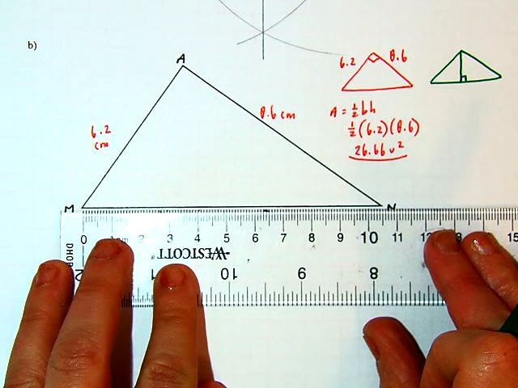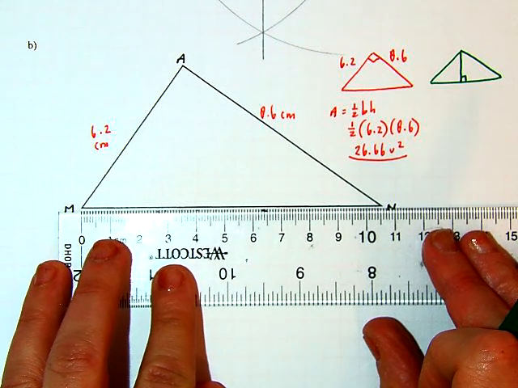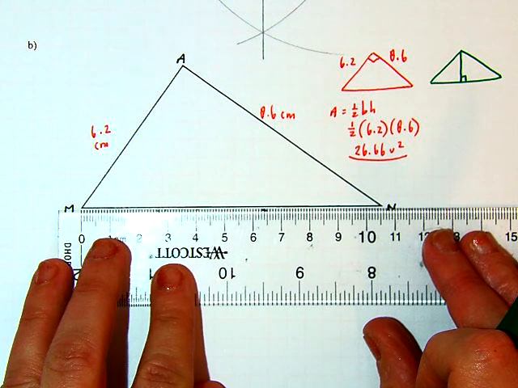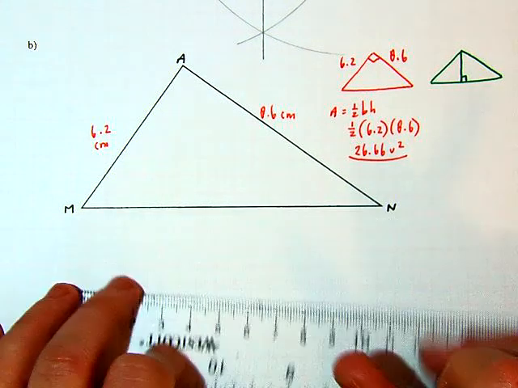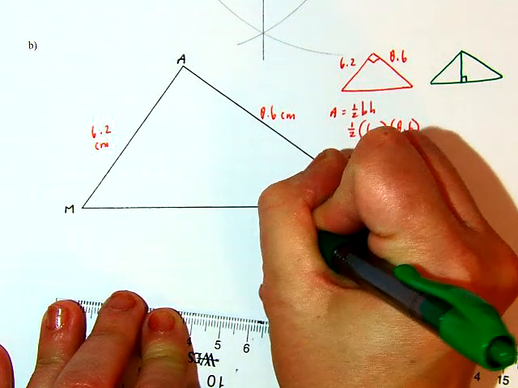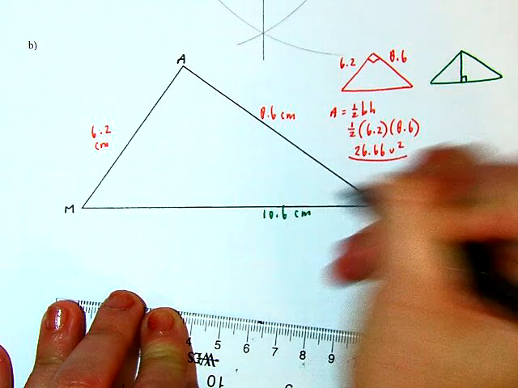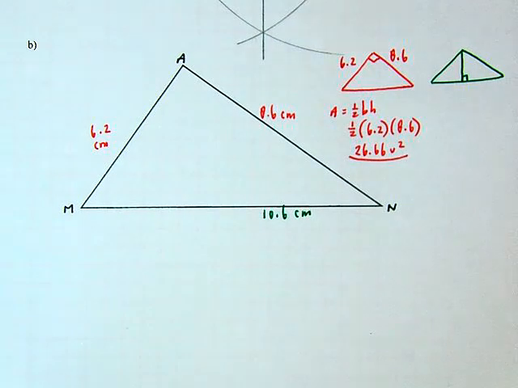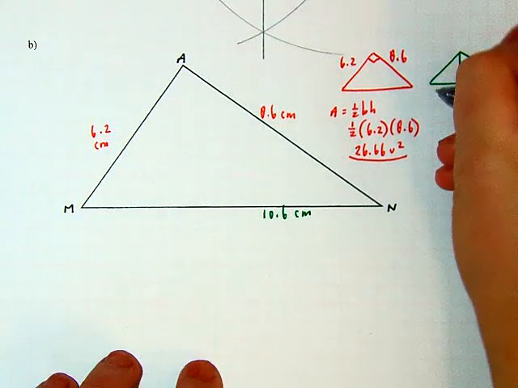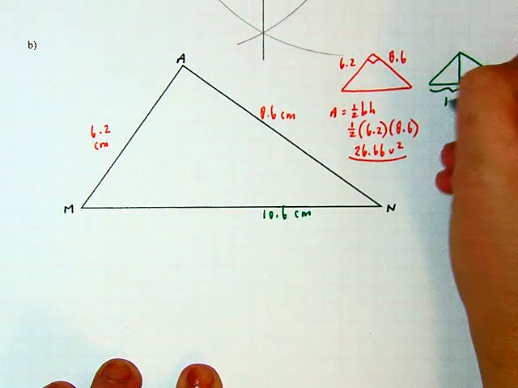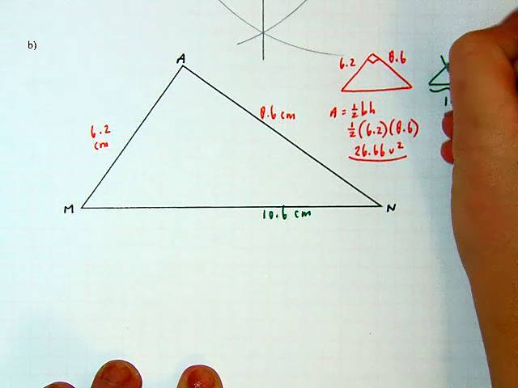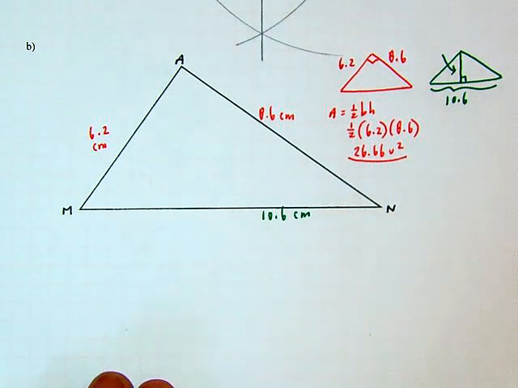MN, that is my base, and that looks like, let's say 10.6. So 10.6 centimeters. So right now I know that this span is 10.6. But I'm going to need my height. So I need to get my altitude.